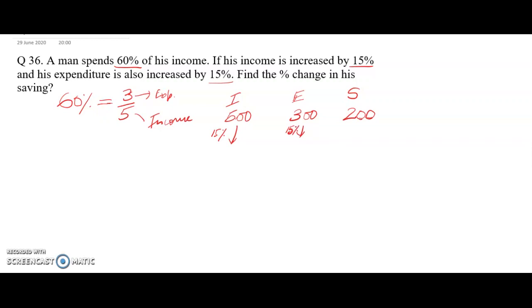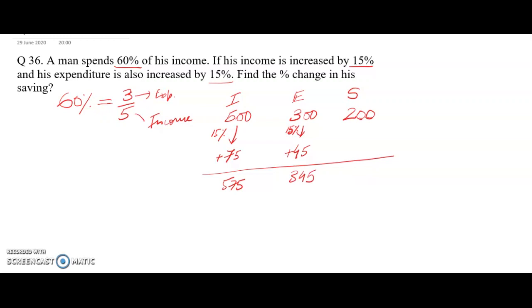Now 15% of 500, if we multiply, we will get 75 increase. And if we find 15% of 300 will give us 45. So now we can see the new income is 500 plus 75, which is 575, and the new expenditure is 300 plus 45, 345.